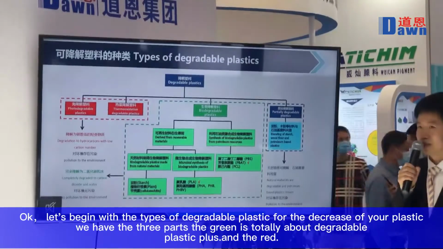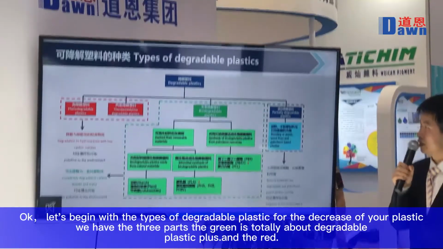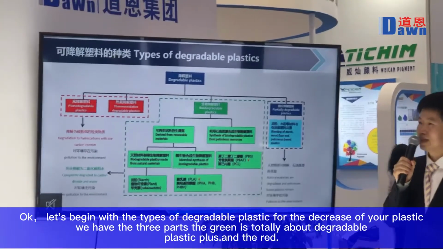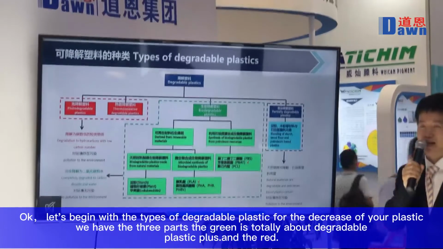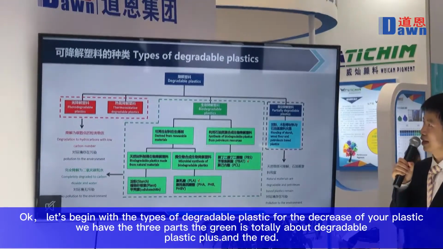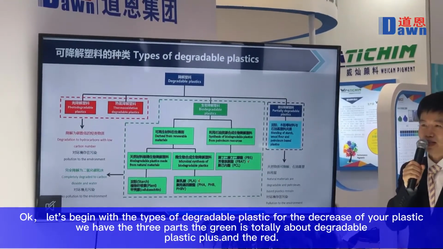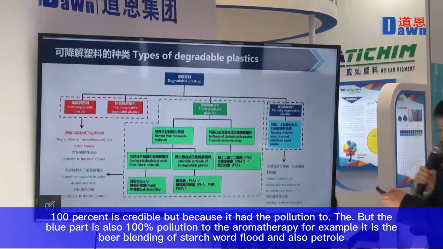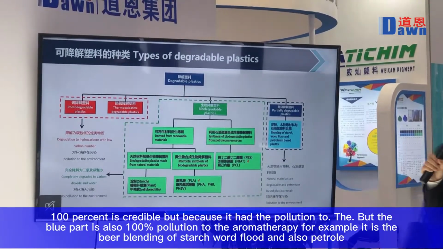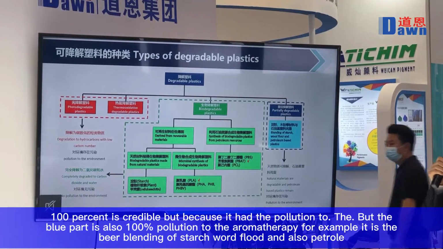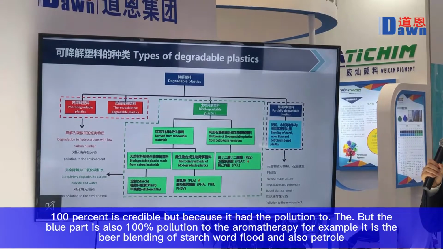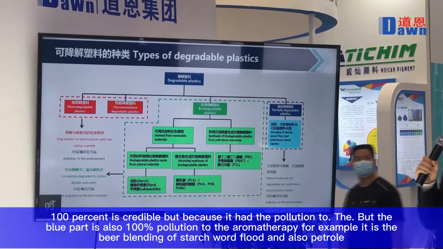Okay, let's begin with the types of degradable plastic. For degradable plastic, we have three parts. The green is totally biodegradable plastic, and the red is 100% degradable, but because it pollutes the environment. The blue part is also polluting to the environment.